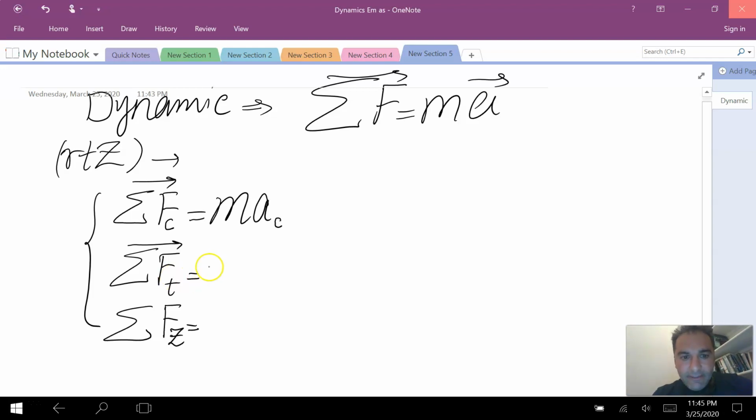Because radial or central, both are the same word. Then this one is m a_T. It's going to give you tangent acceleration. Please pay attention. And this one is m a_C.